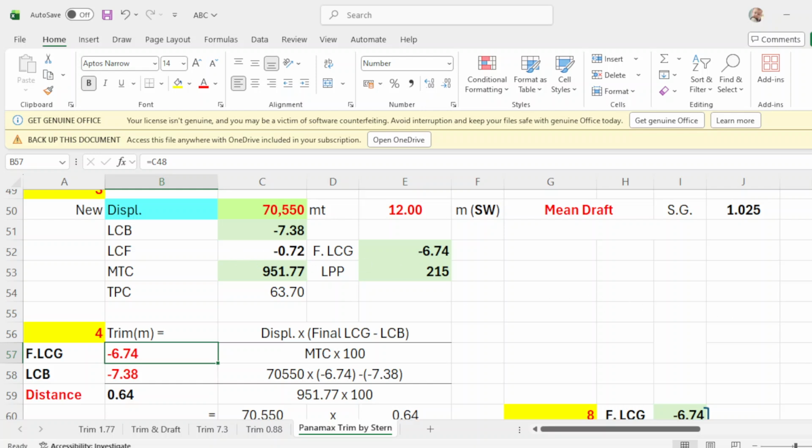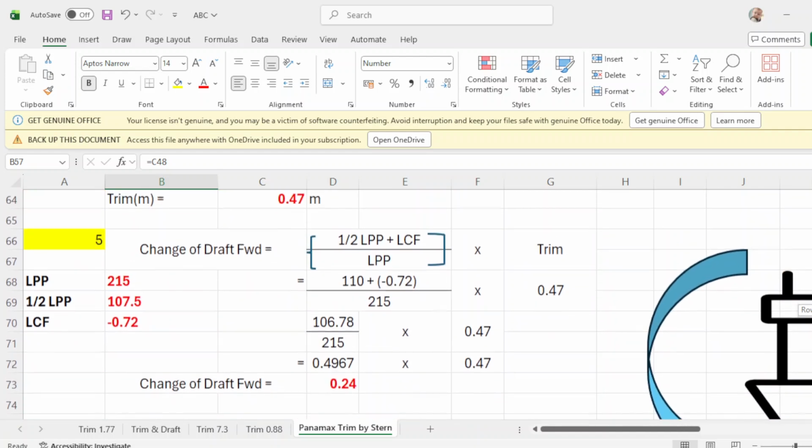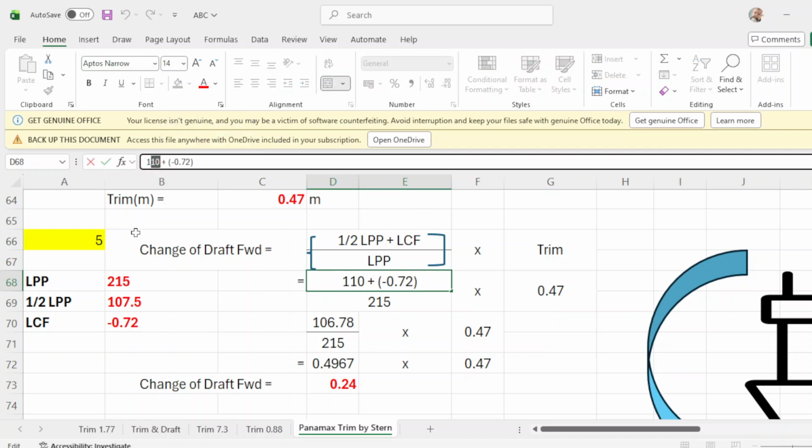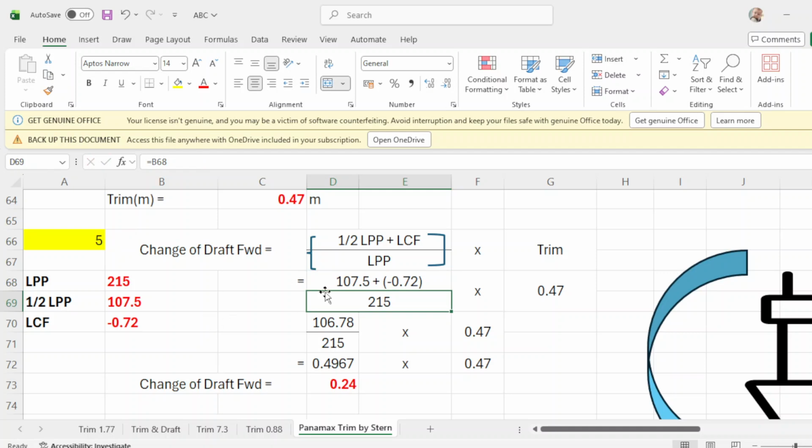I just put this one here so it will be easy to transpose. 1/2 LPP is 107.5, okay, plus your LCF of negative 0.72 over your LPP of 215.